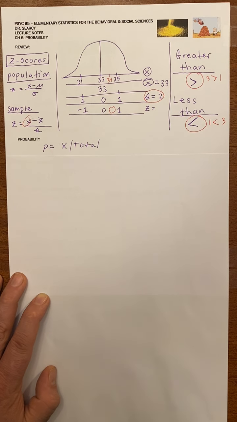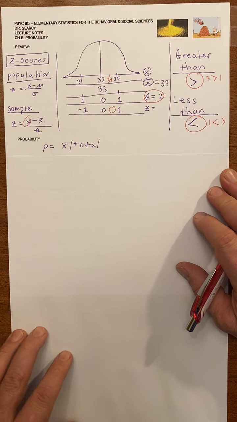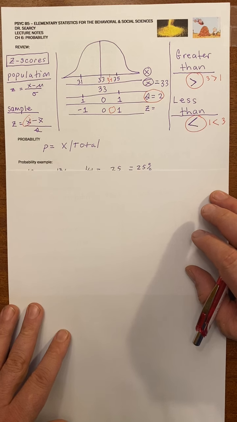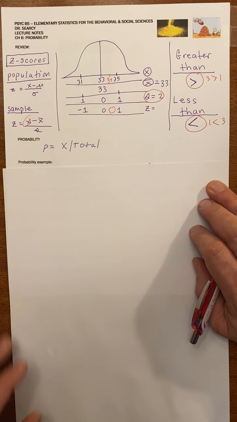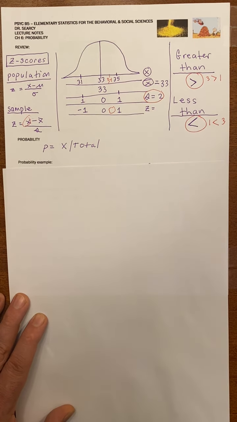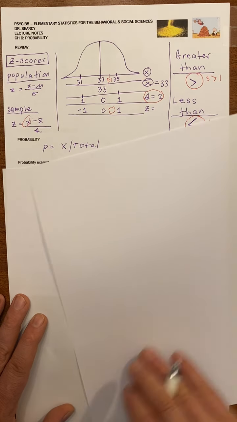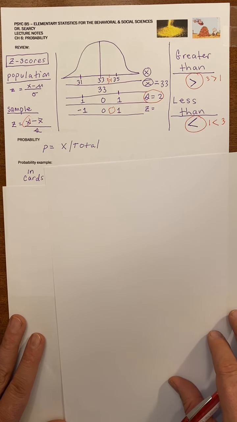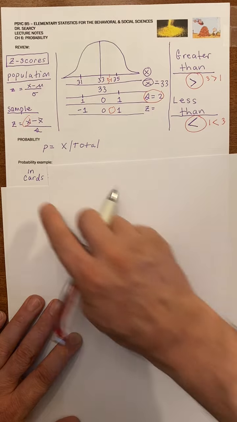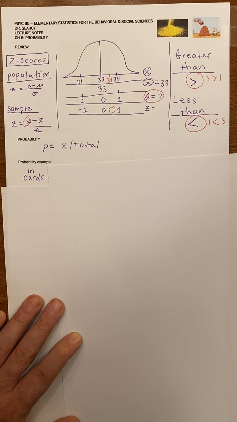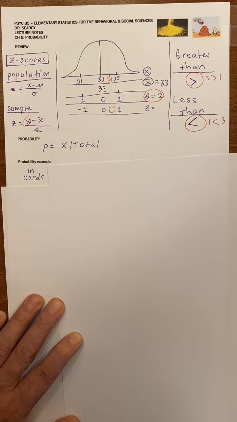Let's think of an example to help understand this concept. Let's say we wanted to think about a probability example that had to do with a deck of playing cards, like maybe the cards that you play poker or blackjack with. What if someone came along and asked you, what is the probability that I would pull a spade out of that deck of playing cards?